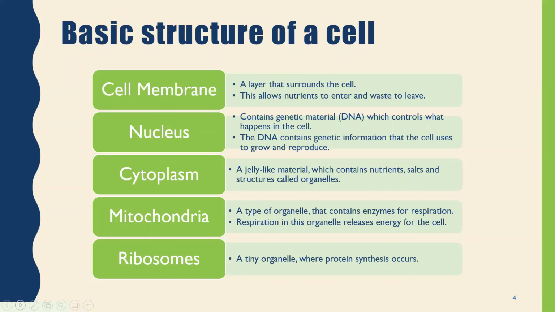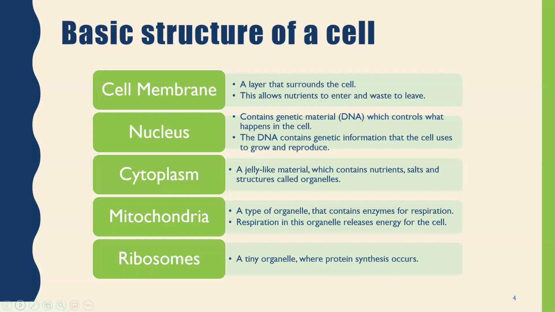The next structure we're going to look at is the cytoplasm. This is a jelly-like material which you find throughout the cell, and it contains nutrients and salts and also structures called organelles. The nutrients and the salts that it contains are vital for the functioning of the organelles that are also in the cytoplasm. An example of an organelle is the mitochondria, which is our next structure.